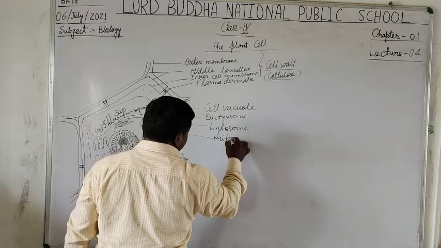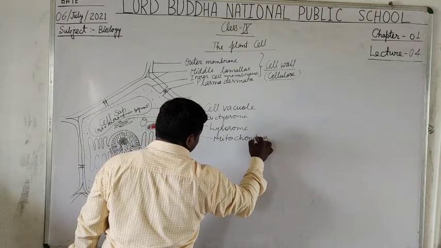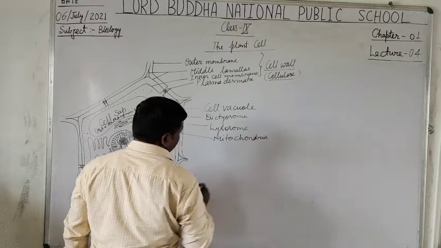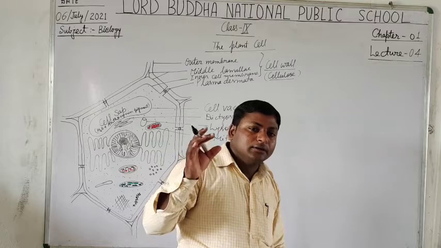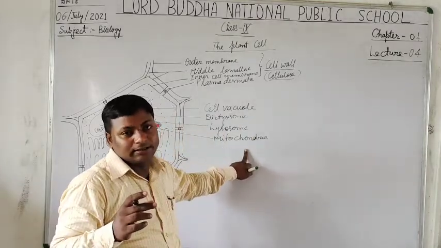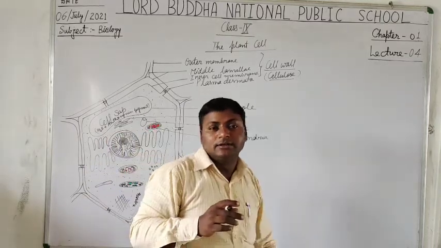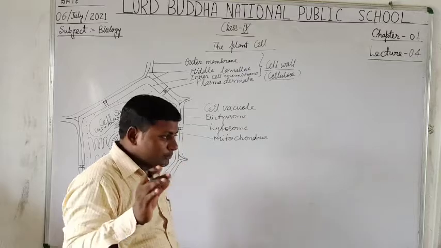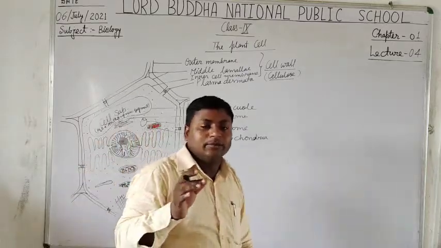Mitochondria. This is called the powerhouse of the cell. Why powerhouse of the cell? Because it helps in the formation of energy by oxidation, the phosphorylation of ATP, adenosine triphosphate.